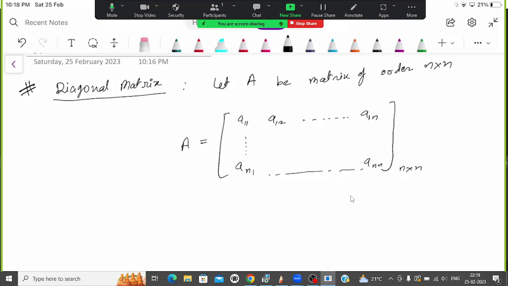So this is the first row up to the nth element, and this is the nth row, first column to the nth row, nth column element.